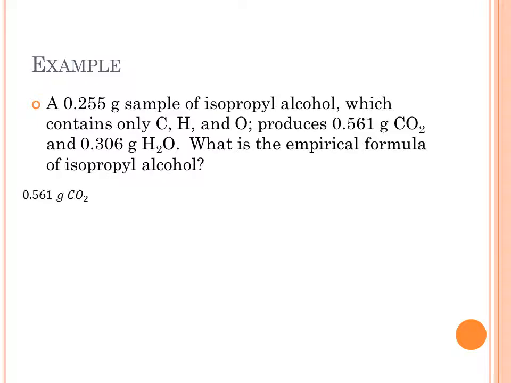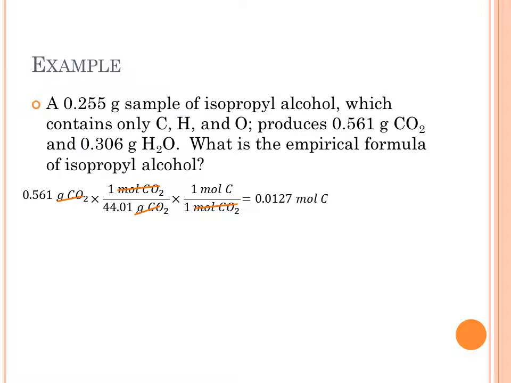So we take the 0.561 grams of carbon dioxide and divide by 44.01 grams of carbon dioxide per 1 mole. 1 mole of carbon dioxide to 1 mole of carbon. We get 0.0127 moles of carbon, just like in the previous example.